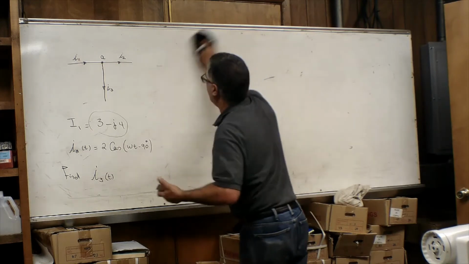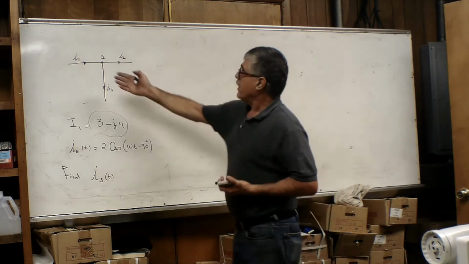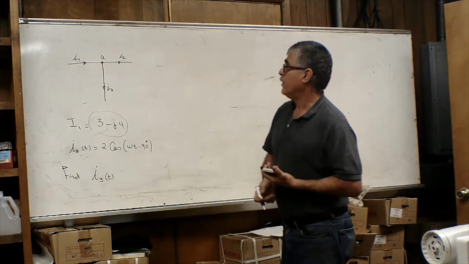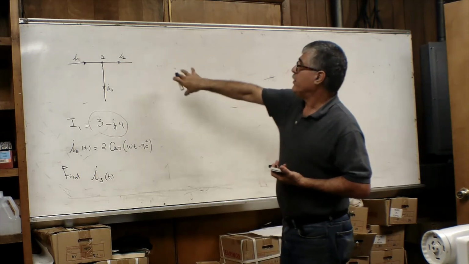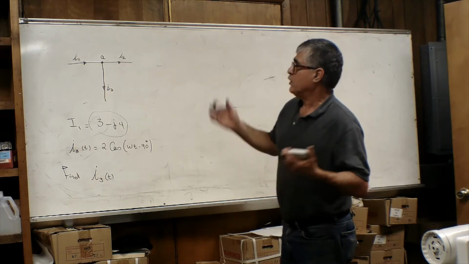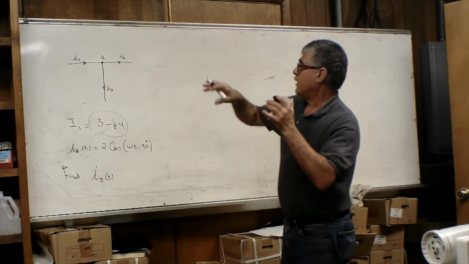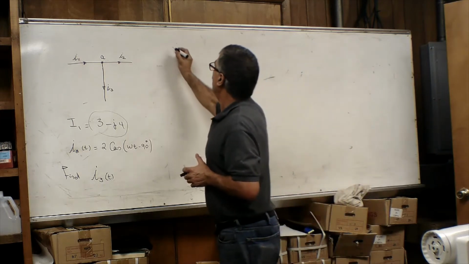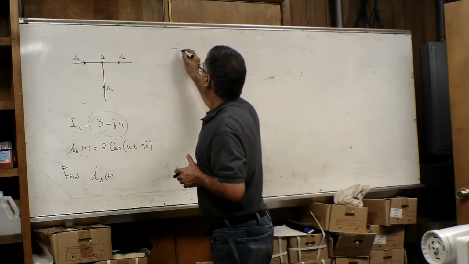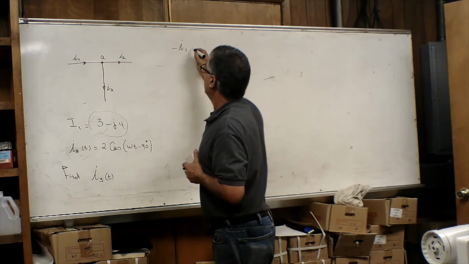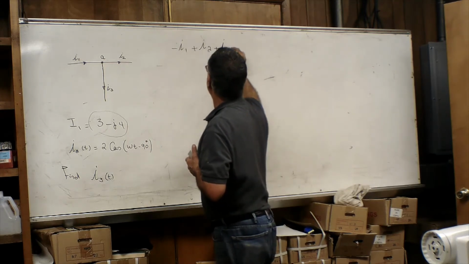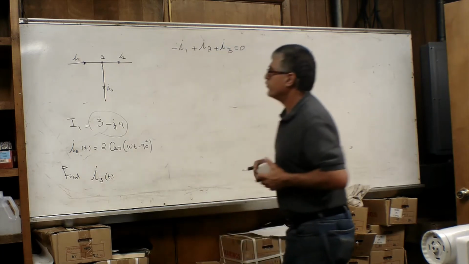In order to find I3, we know that the currents entering a node are negative and those leaving the node are positive, and the summation of the currents that enter and leave must be equal to 0. So we can write minus I1 plus I2 plus I3 must be equal to 0.